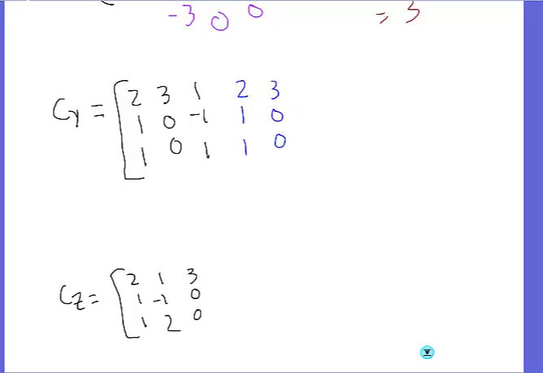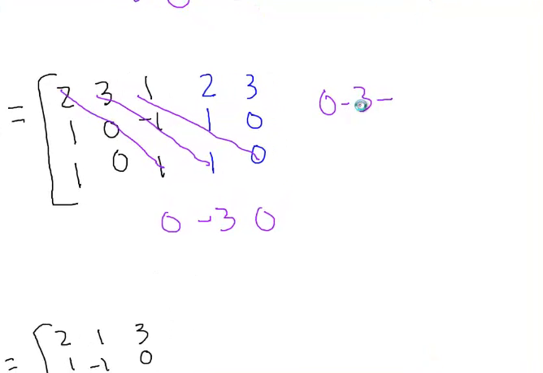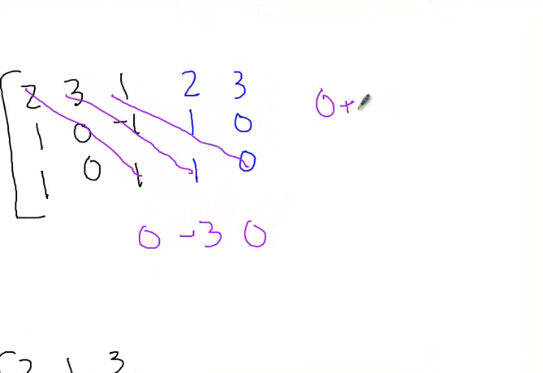Okay, so we're going to do 2 times 0 times 1 is 0. 3 times 1 times negative 1 is negative 3. 1 times 1 times 0 is 0. Okay, so the determinant's going to be 0 plus negative 3 plus 0, since those are our down diagonals. Now we have to find our up diagonals and subtract it.